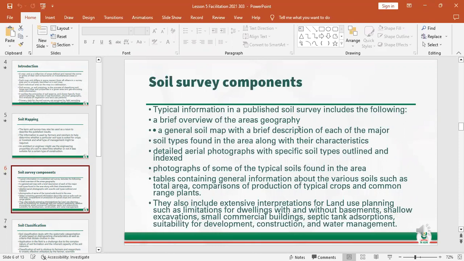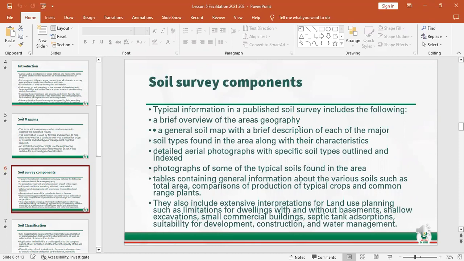Then a general soil map with a brief description of each of the major soil types found in the area, along with their characteristics, as well as detailed aerial photographs with specific soil types outlined and indexed.